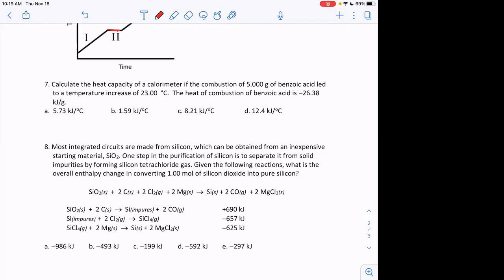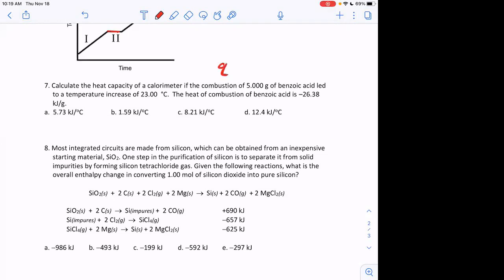So what we're saying is that, once again, the Q of the reaction is equal to the Q of the calorimeter. So we can calculate the C, and that is just C cal times delta T. We know what the benzoic acid's known energy is per gram.